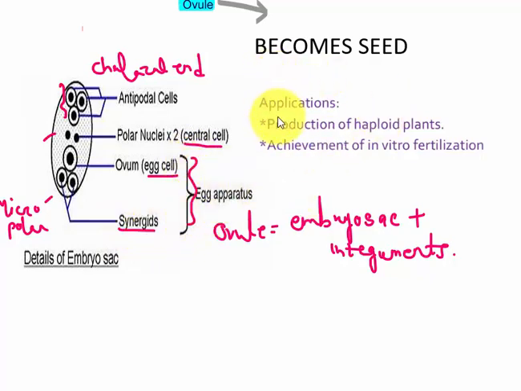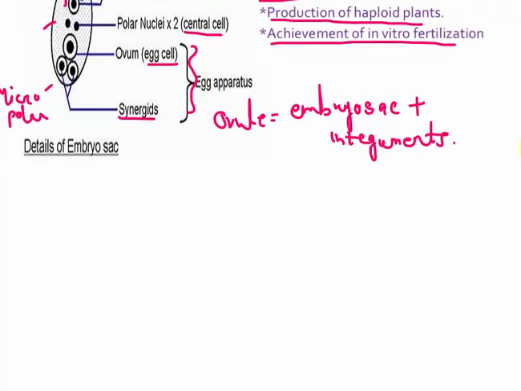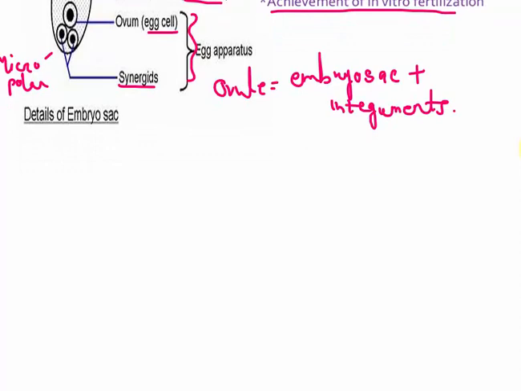Okay. So then, what are the applications of the ovary culture? It helps in the production of haploid plants, and it achieves in vitro fertilization. The next is the culture part. Okay, so just like the anther culture, here also there are two methods.